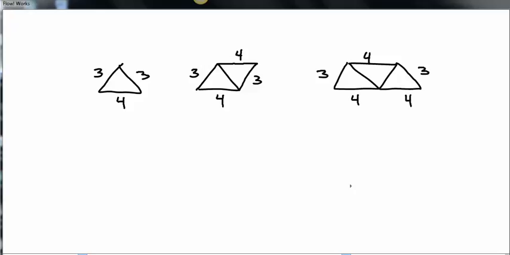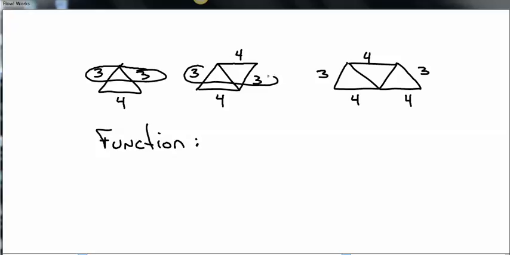So based on what we just did, can you think of a function rule? What are you going to add every time? Aren't you adding 6 every time? So we got a plus 6 going on.